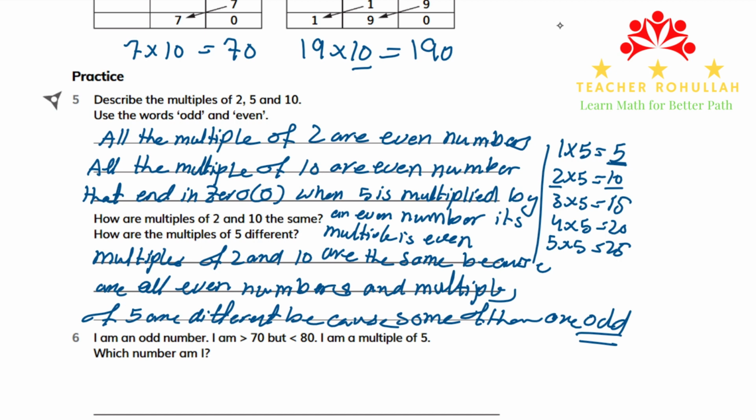We say that some multiples of 5 are odd and some of them are even. But multiples of 2 and 10 are all even numbers. Well, we are done with this question and it's a bit tricky. So let's move to question number 6.